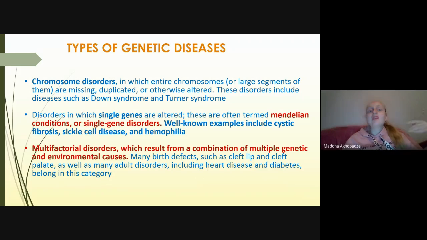Even arterial hypertension is a multifactorial disorder. It doesn't necessarily mean it is inherited, but it definitely has genetic features because the family history is important, and also epigenetic factors like eating habits, unhealthy lifestyle, and so on and so forth.